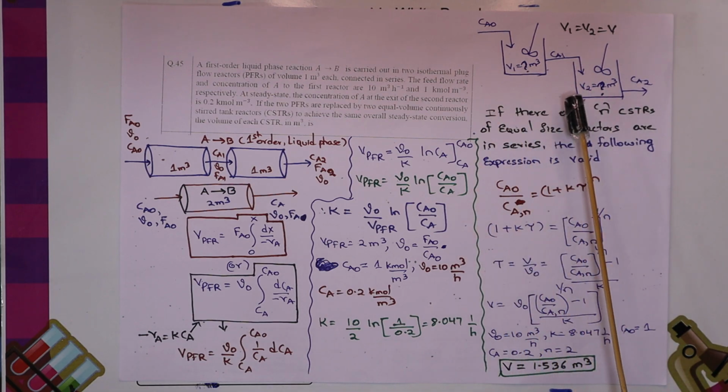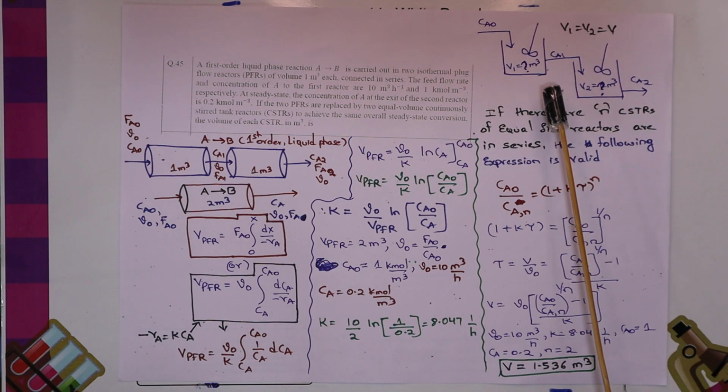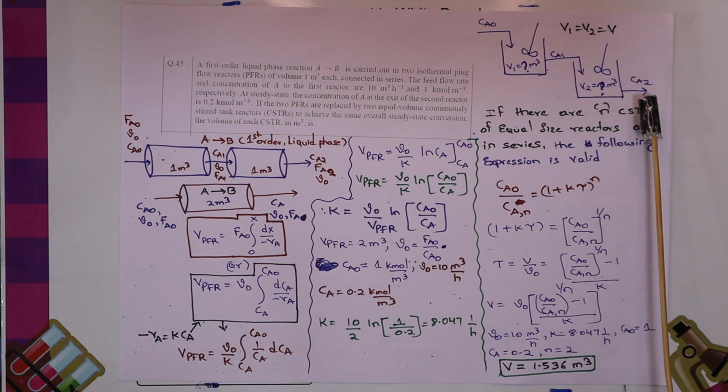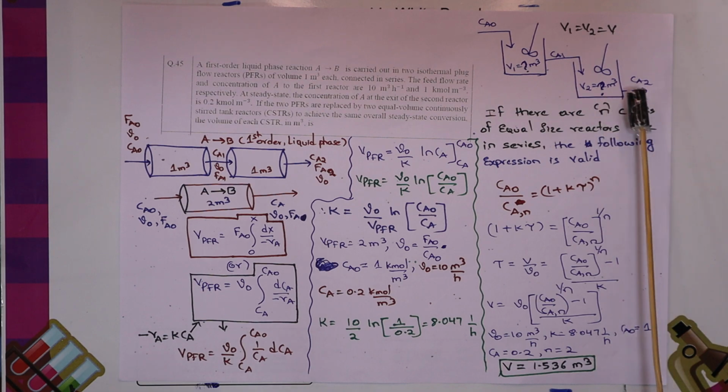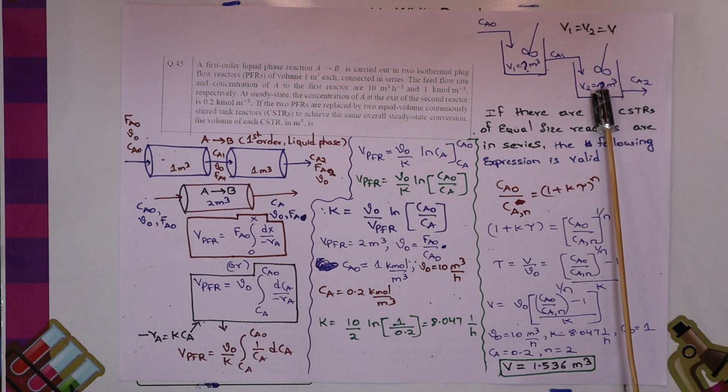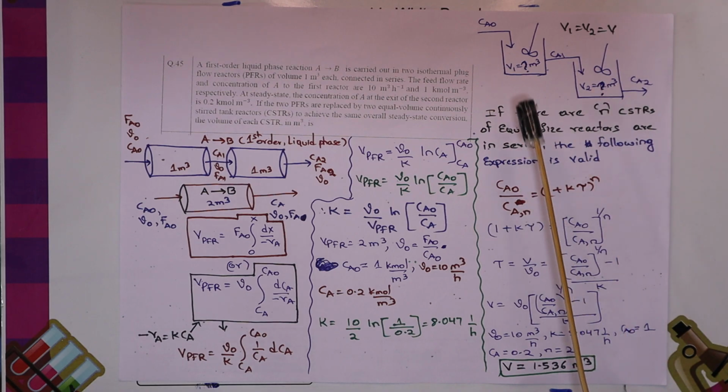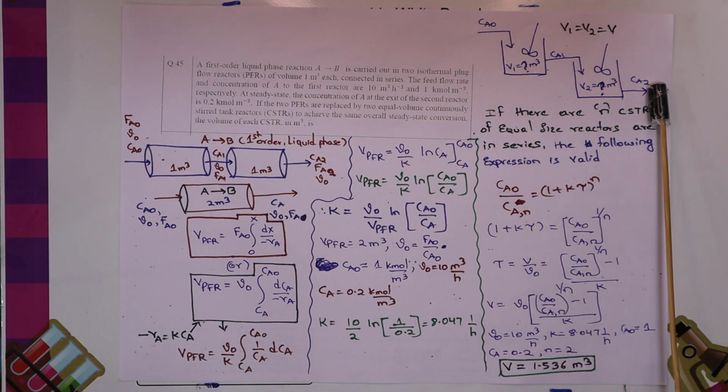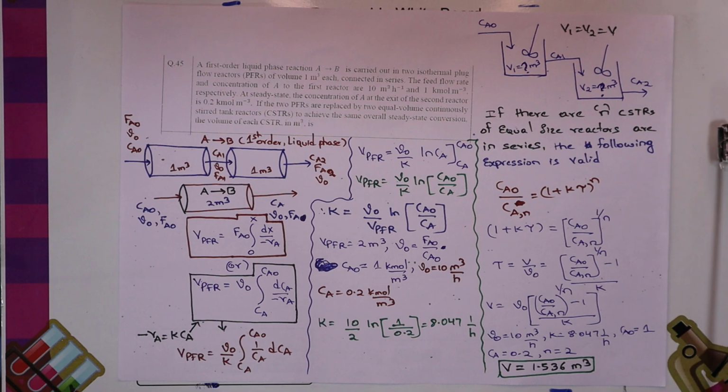If you remember the equation, if n CSTRs are connected in series, you can find the exit concentration after the nth reactor. Ca0 is the initial and Can is the final, nth reactor. So Ca0 by Can is nothing but (1 plus k tau) to the power n, where n represents the number of reactors in series.